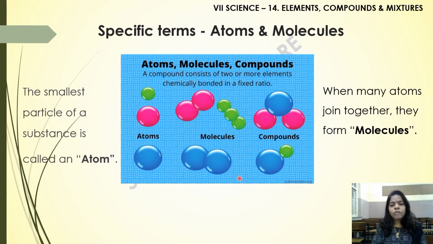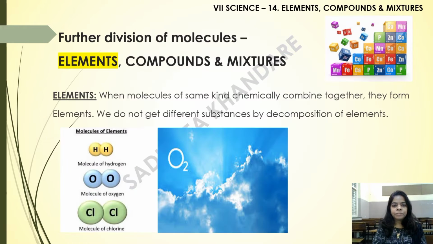Means same kind of atoms can join sometimes, and sometimes different kind of atoms can join to form molecules. Molecules contain more number of atoms. Now, depending on how the combination takes place, we have elements, compounds and mixtures, the name of our lesson.